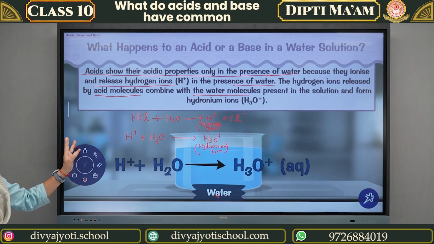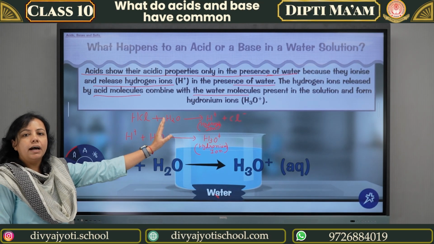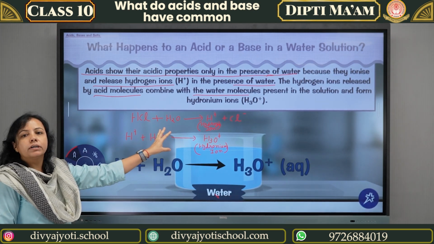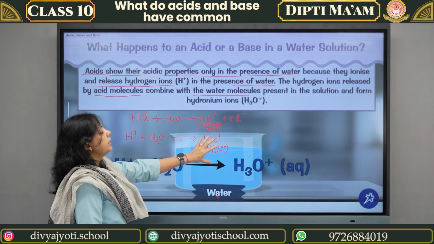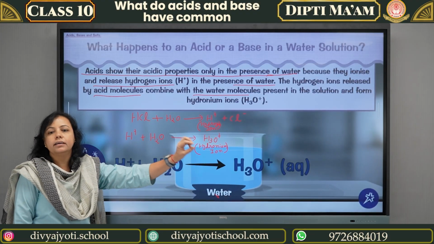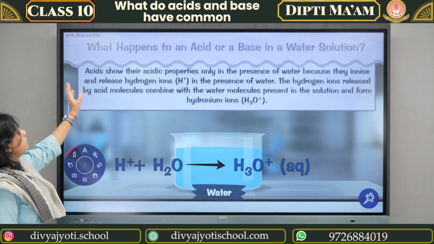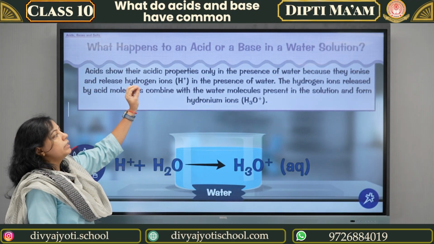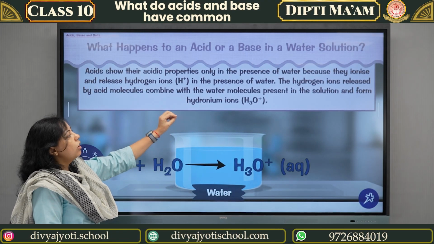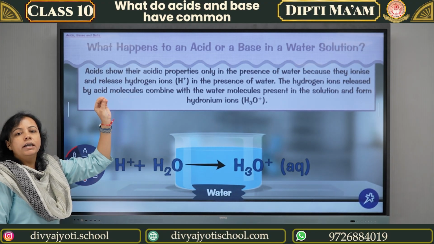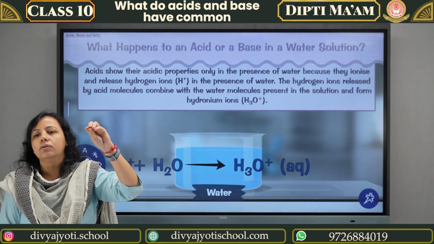So in the first step, the acid releases the H plus ion, and in the second step this H plus ion again reacts with the water molecule and is converted into the H3O plus ion, that is the hydronium ion. So what is the reason why acids show their acidic property only in the presence of water? Because they ionize and release hydrogen ions in the presence of water only.